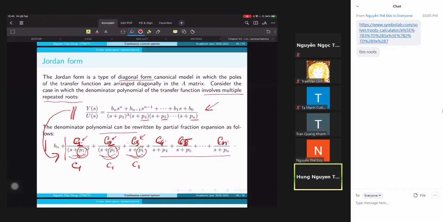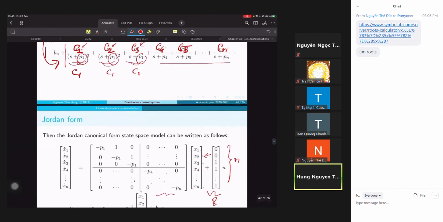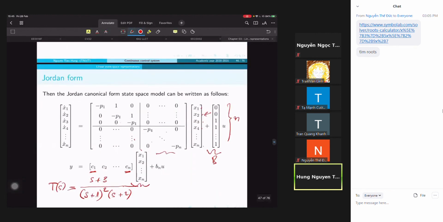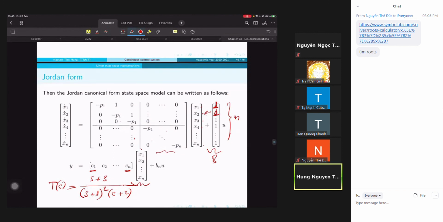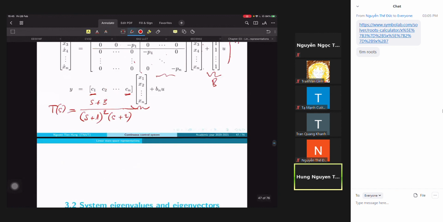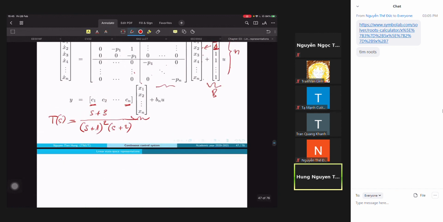I will check with this, because we have x1, x2, and x1, so this should be 1. I'm not sure, but I will check. If we do that, we will see a similar thing to what we got here.